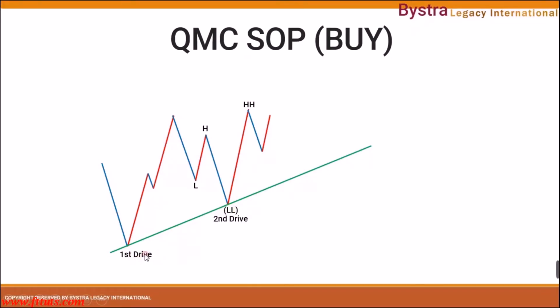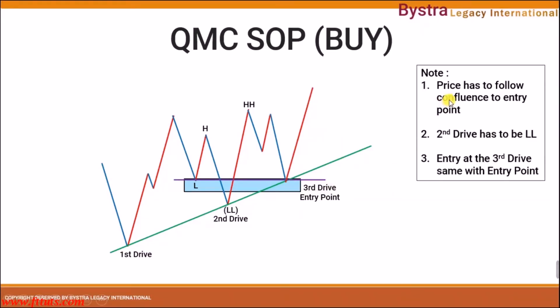The first drive, the second drive, and then we mark the horizontal line as our entry point. We mark the zone to make monitoring easy when price comes into this zone. As we can see, price comes back here and enters at the third drive with the same confluence as our entry point, and price continues to go up.